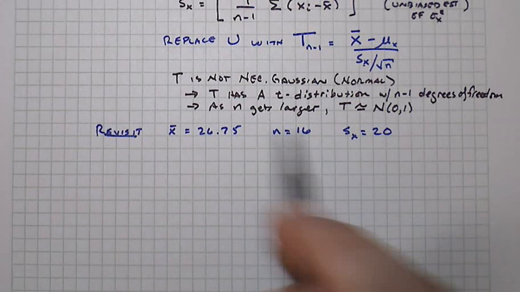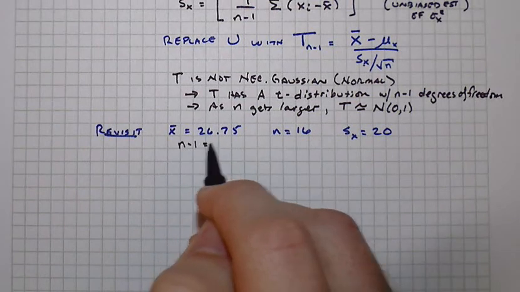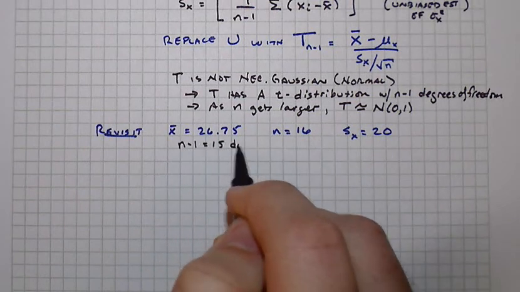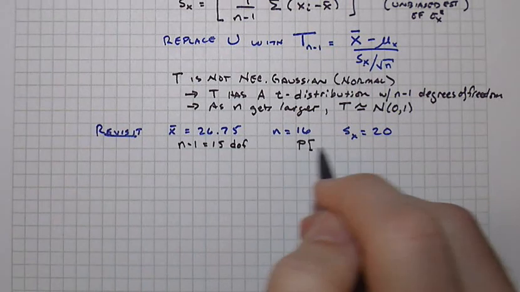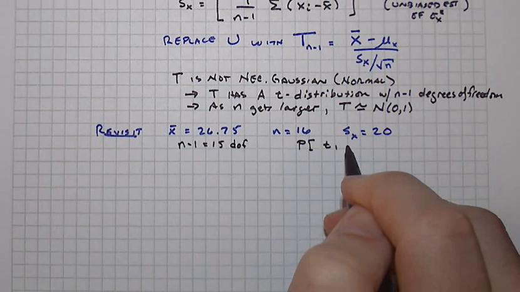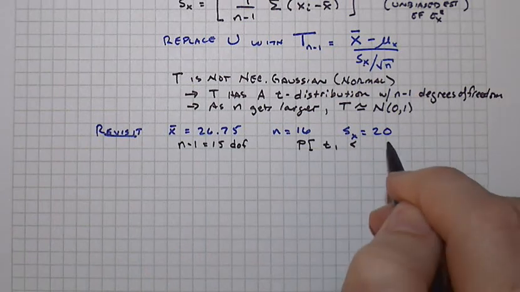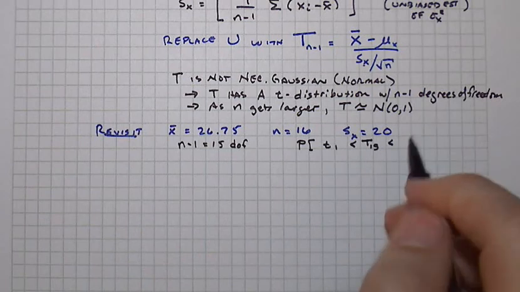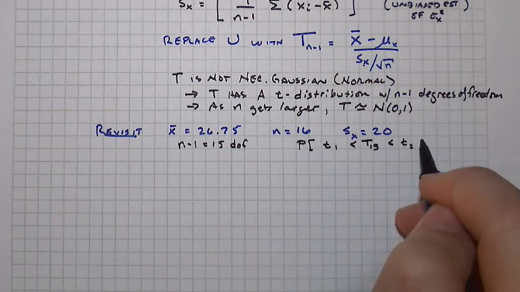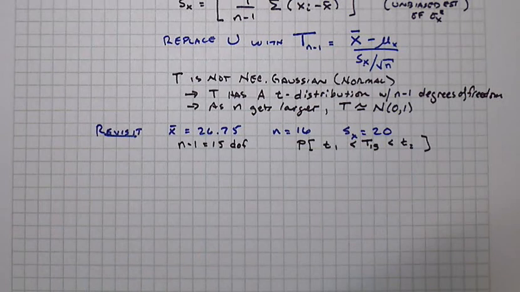Okay, and so our n minus 1 is going to be equal to 15, so that's our number of degrees of freedom. And so we're looking at this interval for t here with 15 degrees of freedom between a lower bound and upper bound of T1 and T2.